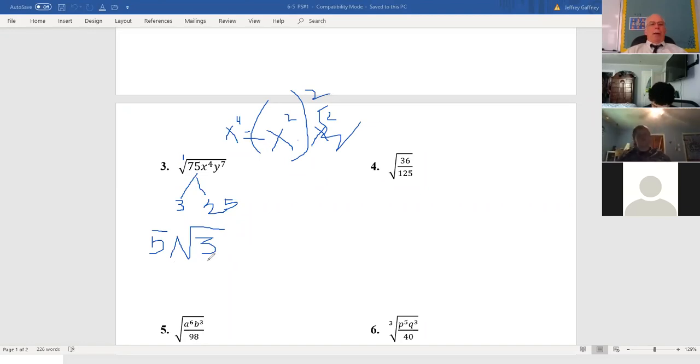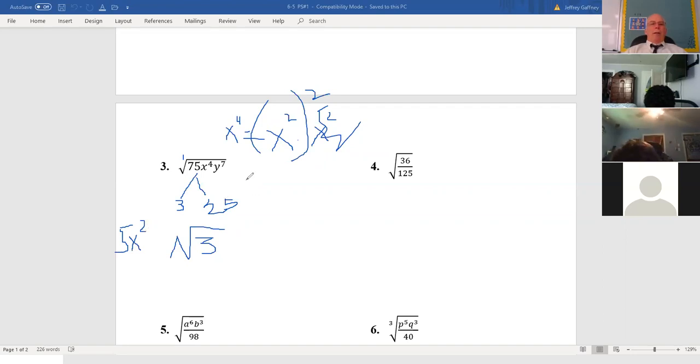So now I've got my 5 that I erased, right? The x to the 4th comes out from under the radical as x squared, right?